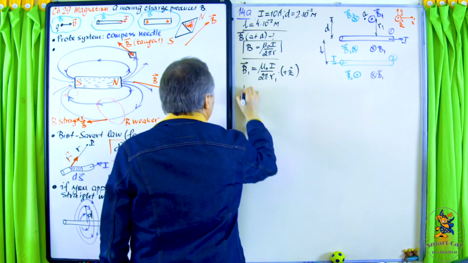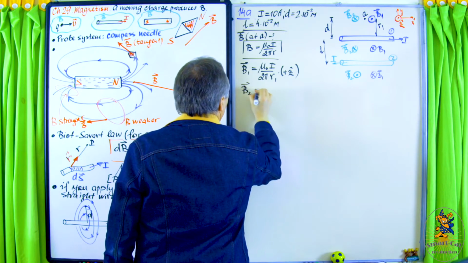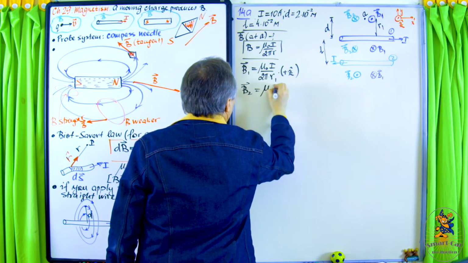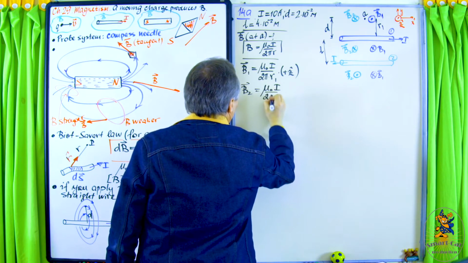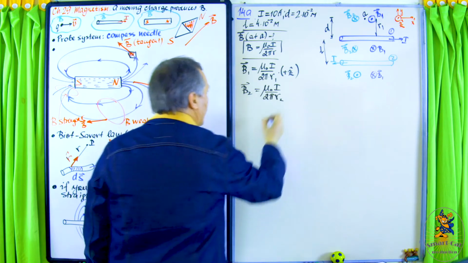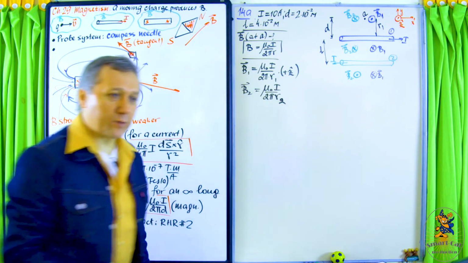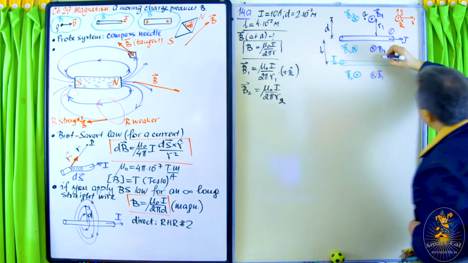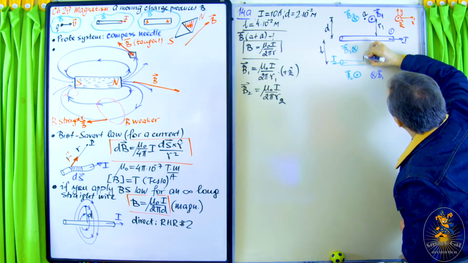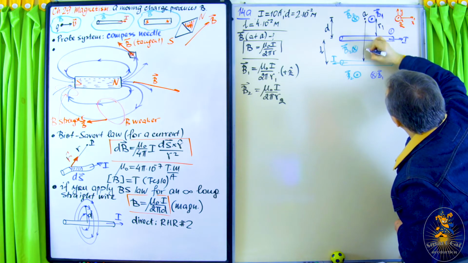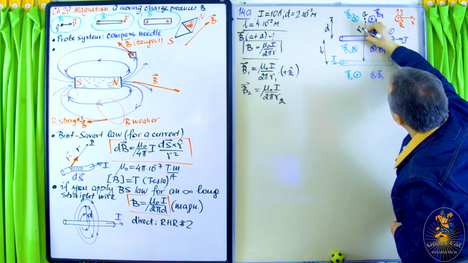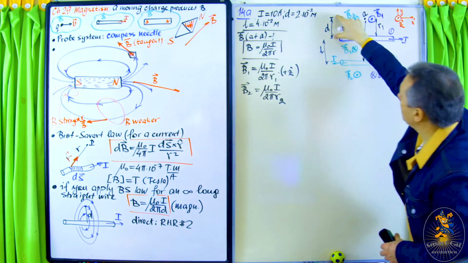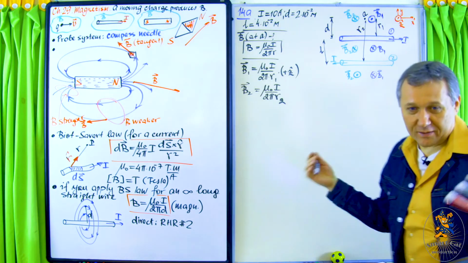And then very similar, I can write for B2. Of course, it will be mu naught times I divided by 2 pi. And what is R2 now? It's the distance from the second wire to the point where we want to find the magnetic field. It's at this distance, so this is R2, and of course R2 will be equal to D plus L. Basically, everything is given.